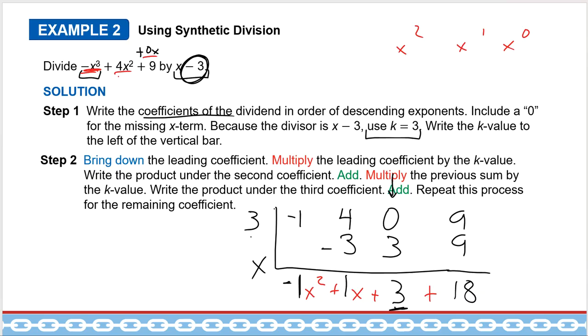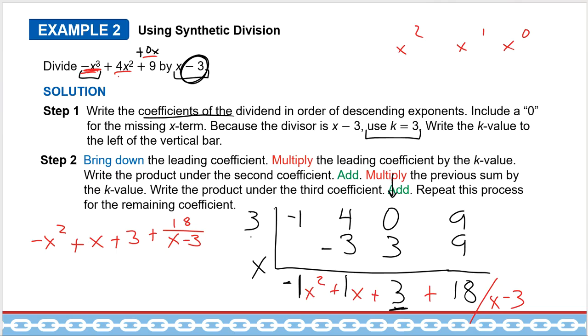And then this last term is going to be my remainder that I am going to write as a fraction. Okay, so my final answer is negative 1x squared, which I'm going to simplify to just negative x squared, plus 1x, which is going to be simplified as plus x, plus 3, plus the remainder of 18 over my original divisor of x minus 3.